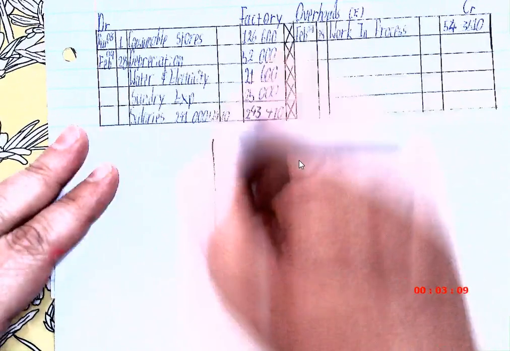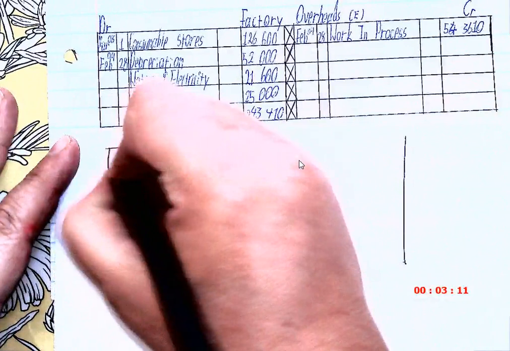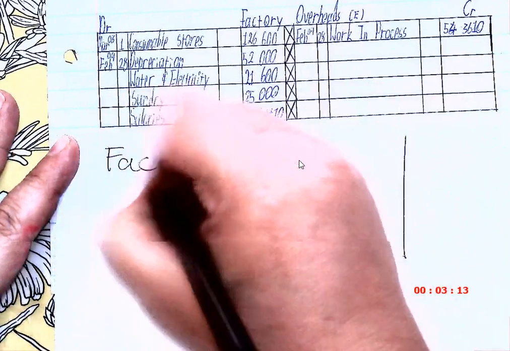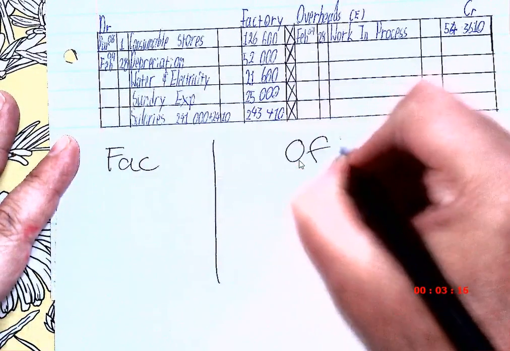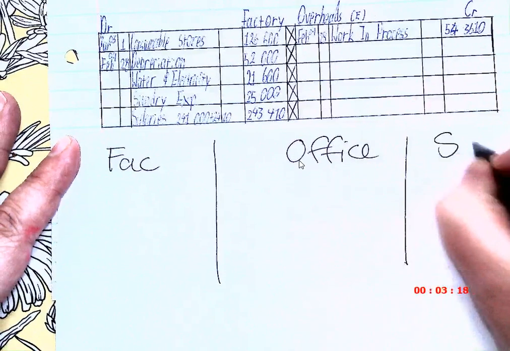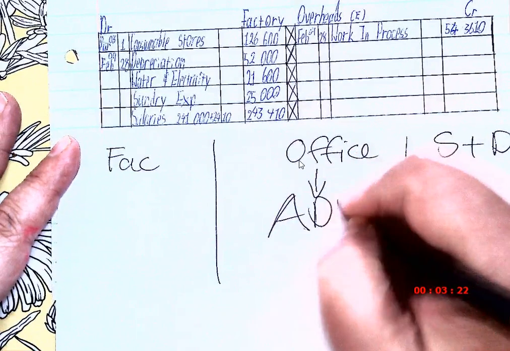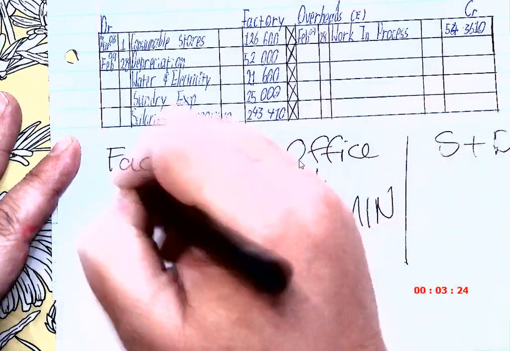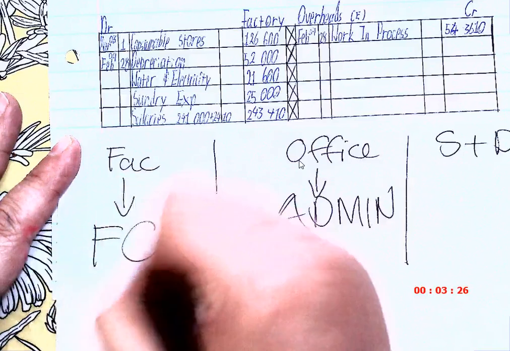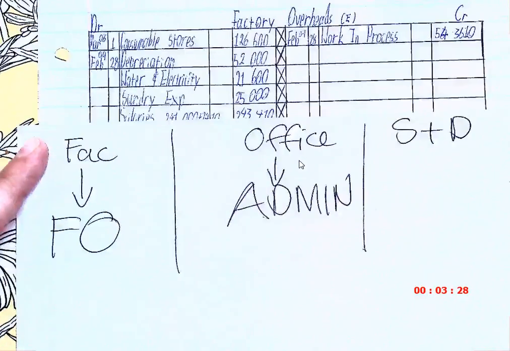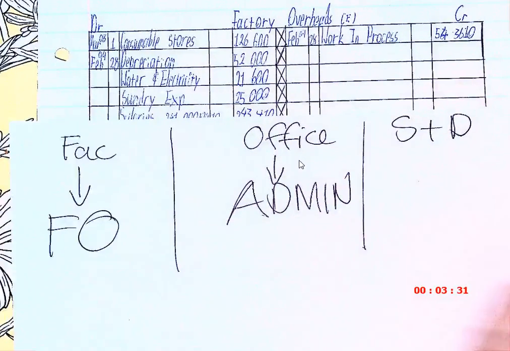And the 3 separate departments is the factory, the office, and the sales and distribution. Now the office is what I call admin. And the factory is factory overheads. So in other words, I want to split my expenses because I only want the expense that's pertaining to the product that I'm making to go into the factory expenses.